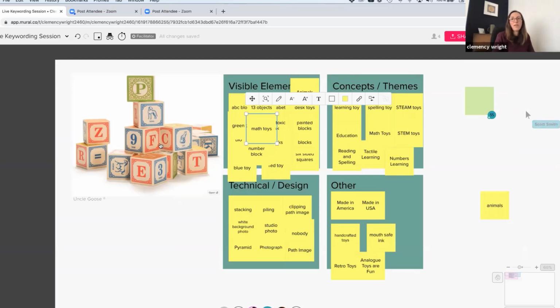So keyworders need to think about how far to go and when to make that decision. This keyword perhaps might weaken the search results, so I won't add it, even though I can see it. It's not really the key focus of this product shot. So that's just something to bear in mind.